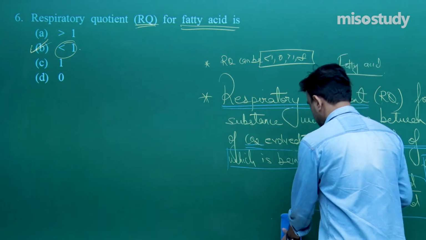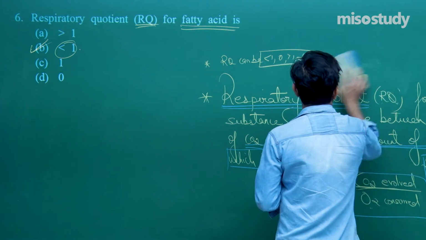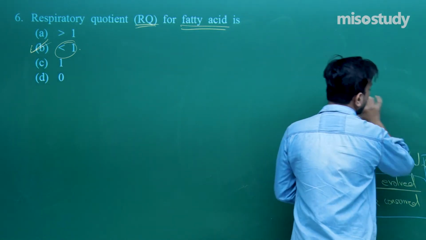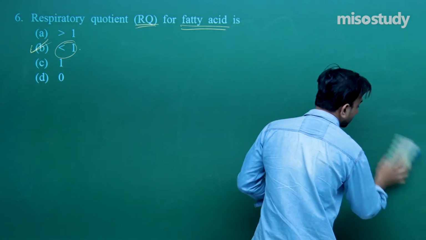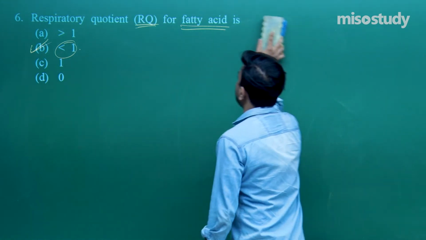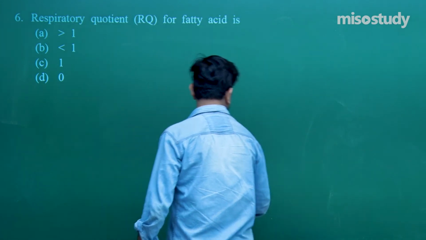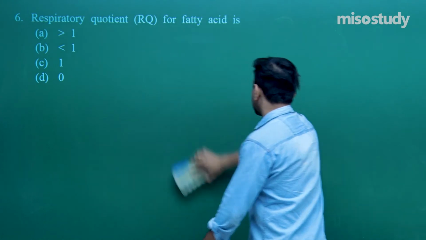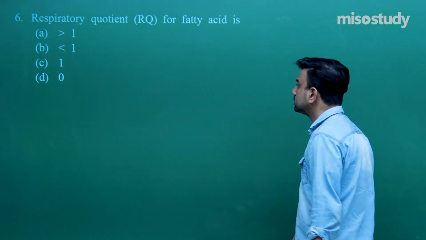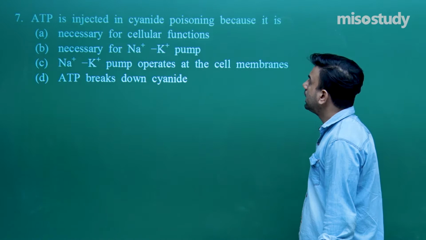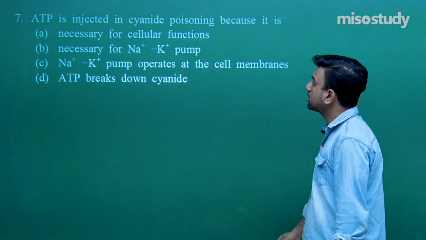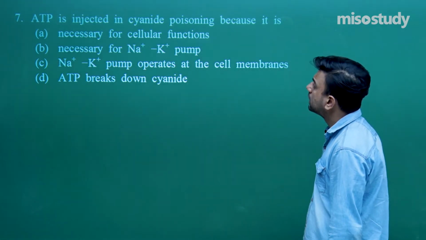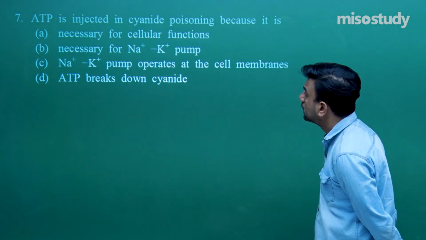Now we move on to the next question. ATP is injected in cyanide poisoning because it is necessary for cellular functions, necessary for the sodium potassium pump.